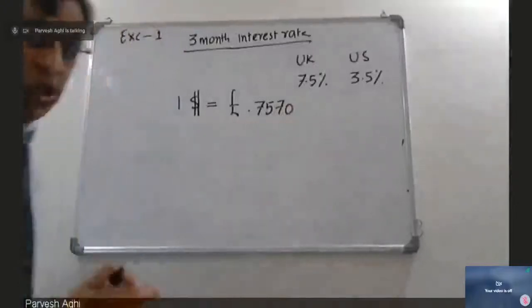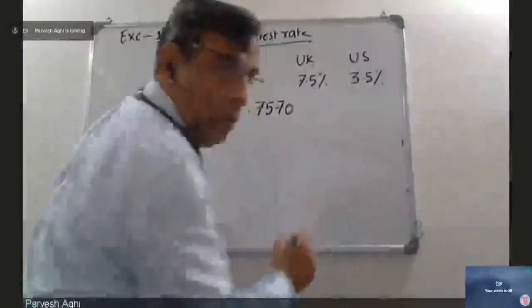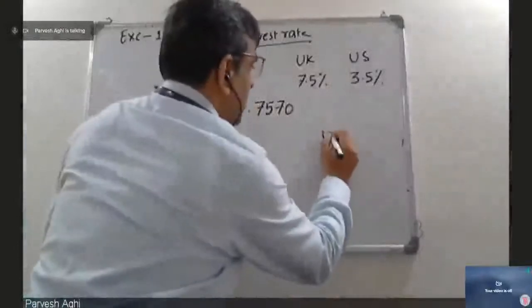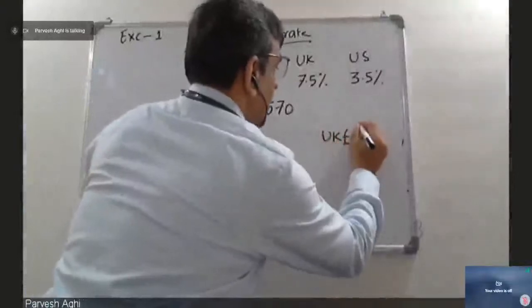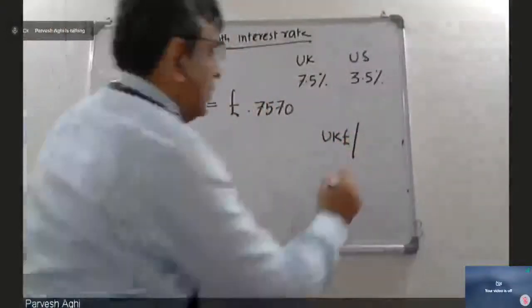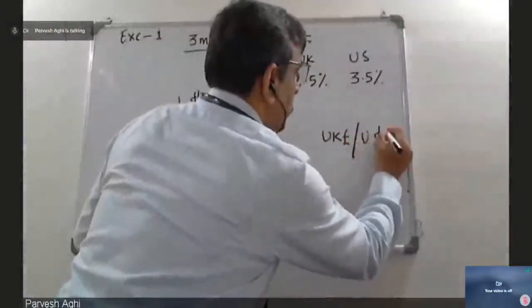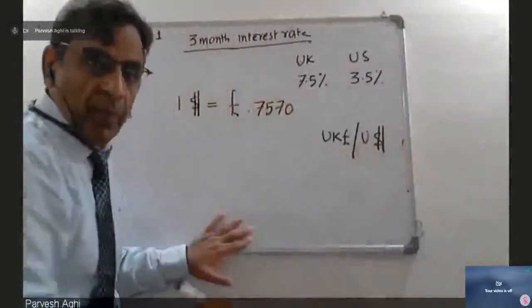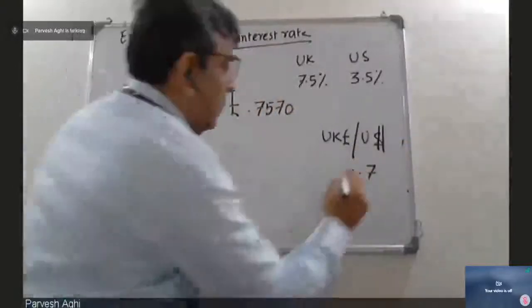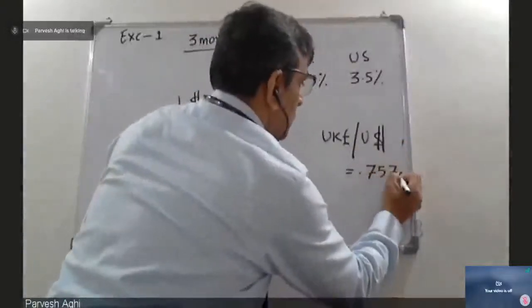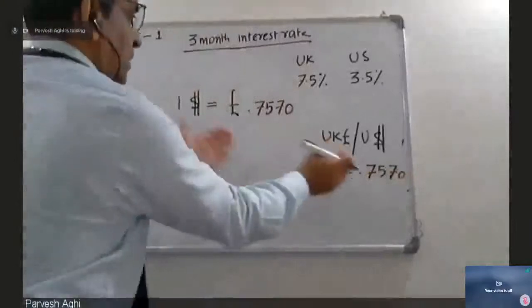But in our question it is given UK pound oblique US dollar, spot rate is 0.7570. So how do we know that this means this?